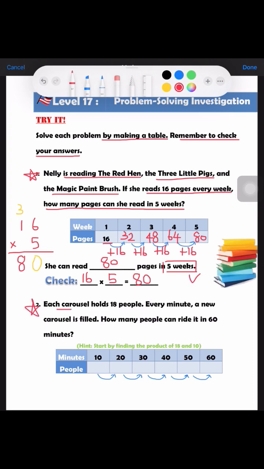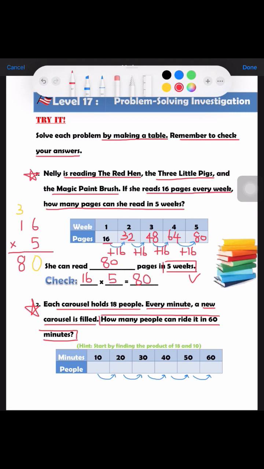Okay, next question. Each carousel holds 18 people. Every minute, a new carousel is filled. So we need to find how many people can ride it in 60 minutes. Okay, take a look at the hints below.